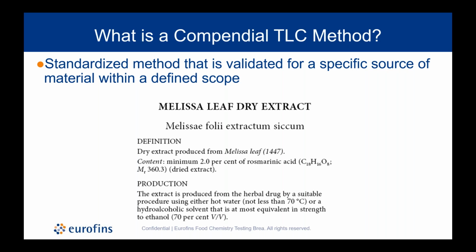So we have an example of what we would look at when we're talking about the scope of a compendial TLC method. In this case, it's a Melissa leaf, otherwise known as lemon balm. This one's an extract. And you can see there's specifications about what this monograph defines as a Melissa leaf dry extract.